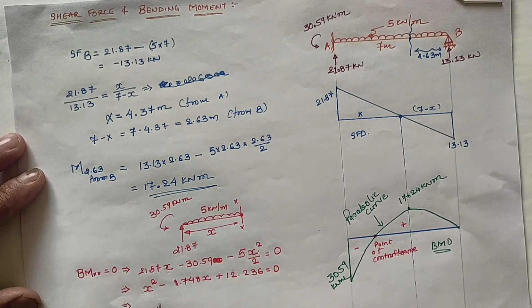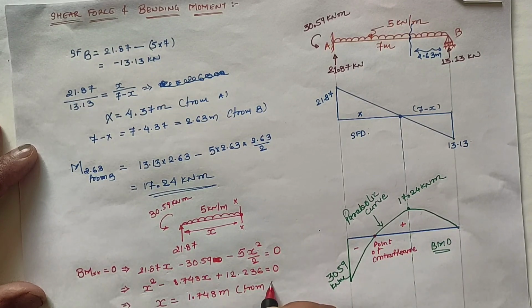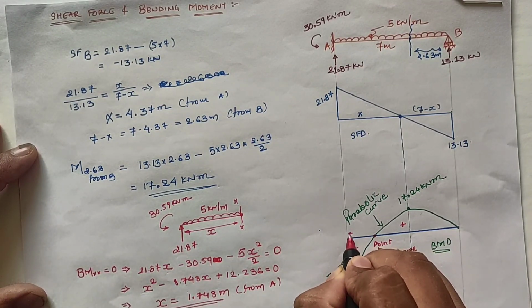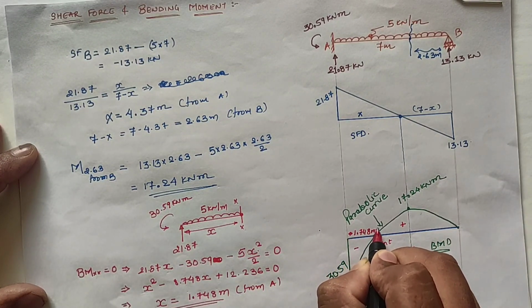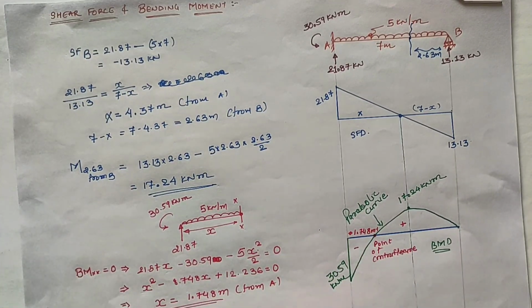Solving this, we will have the x value as 1.748 meter from support A. So our point of contraflexure is at distance 1.748 meter as indicated in the diagram. Thank you.